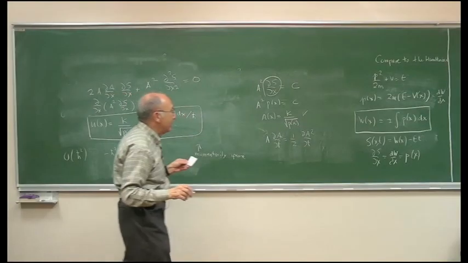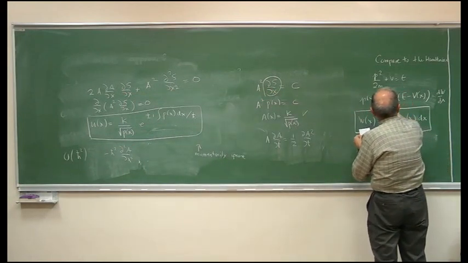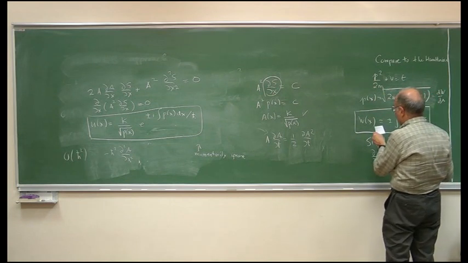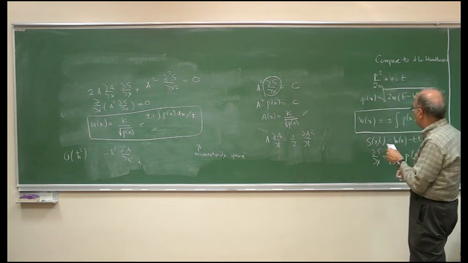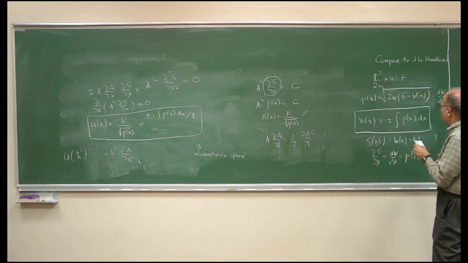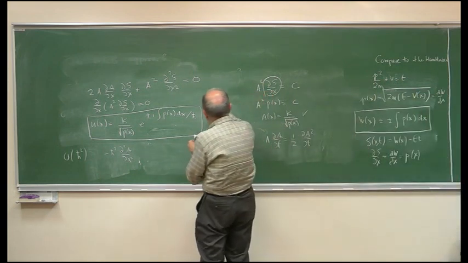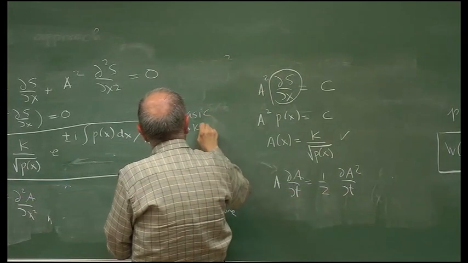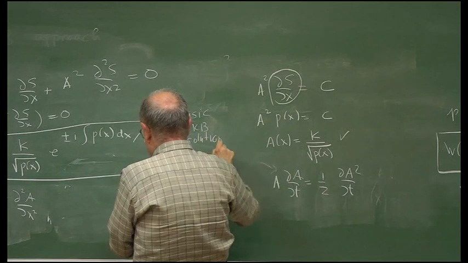Together with this equation, p of x, of course, I should have corrected, p of x is the square root of this from there. And so this will be the basic WKB solution.